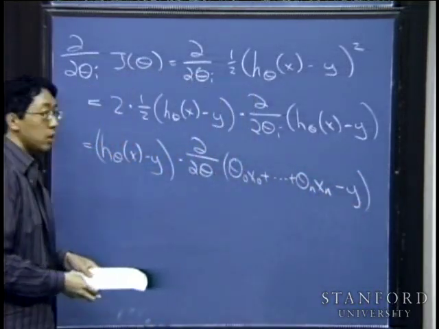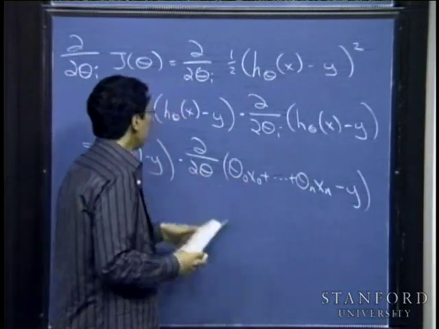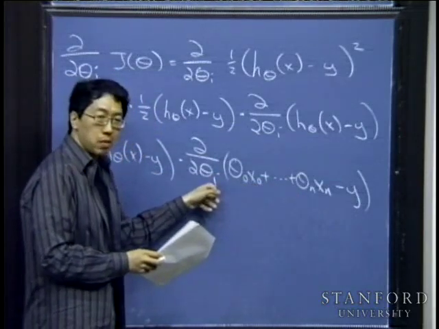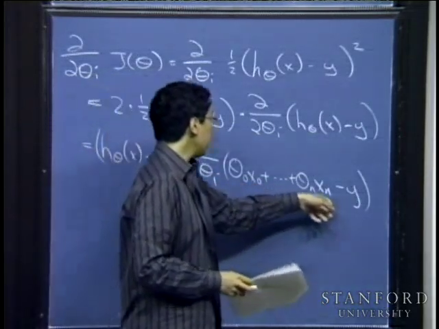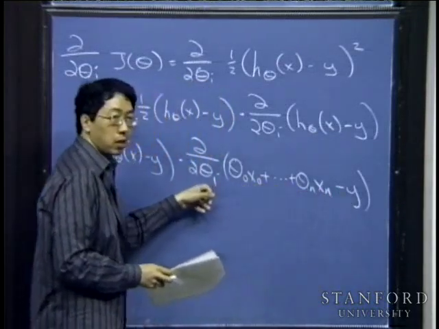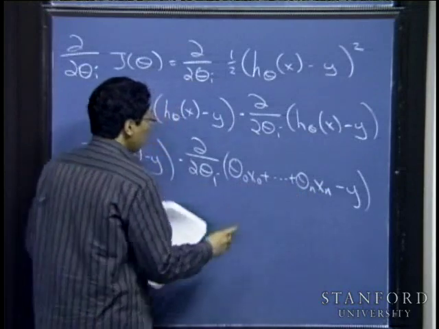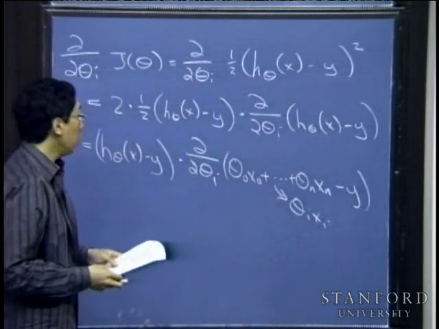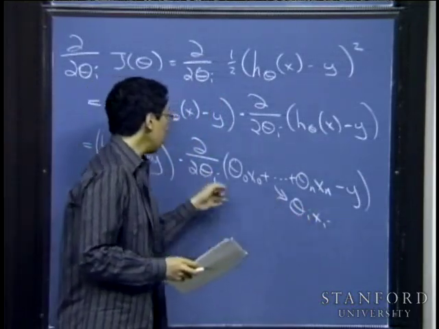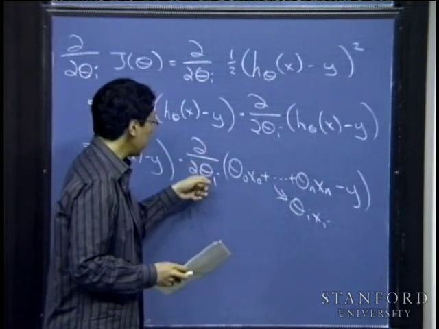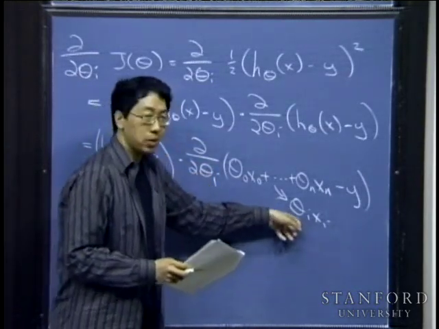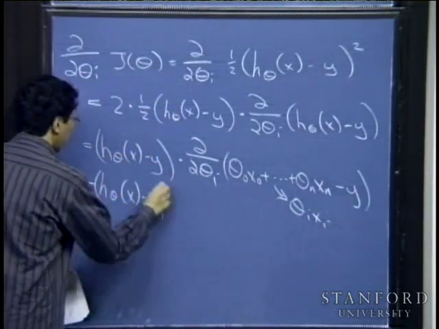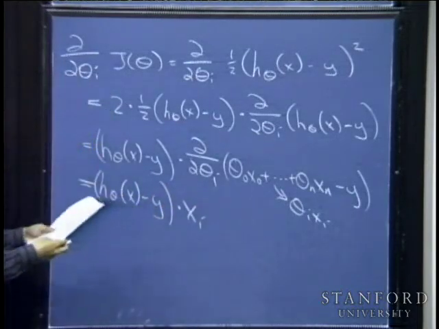If you look inside this sum, we're taking the partial derivative of this sum with respect to the parameter theta i, but all the terms in this sum except for one do not depend on theta i. The only term that depends on theta i is theta i x i, so we take the partial derivative with respect to theta i of this term, and you get x i.